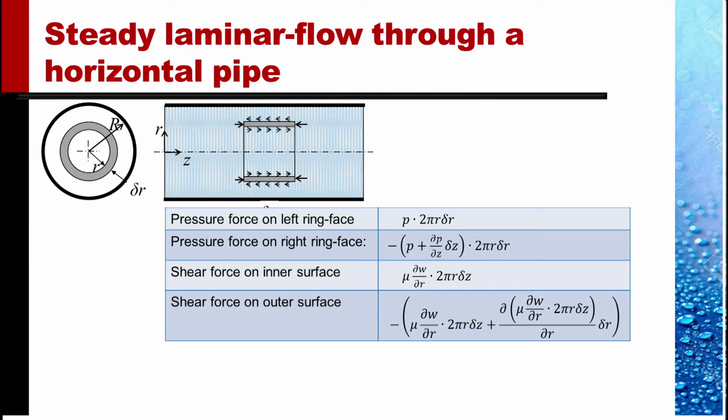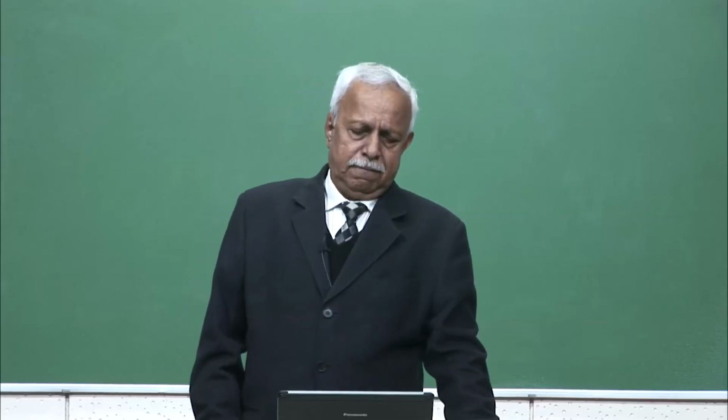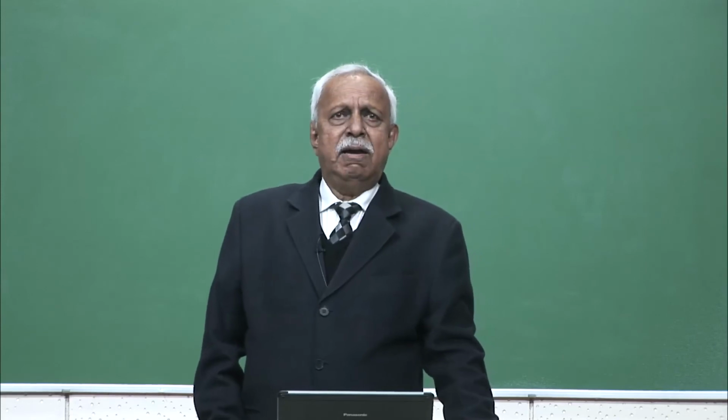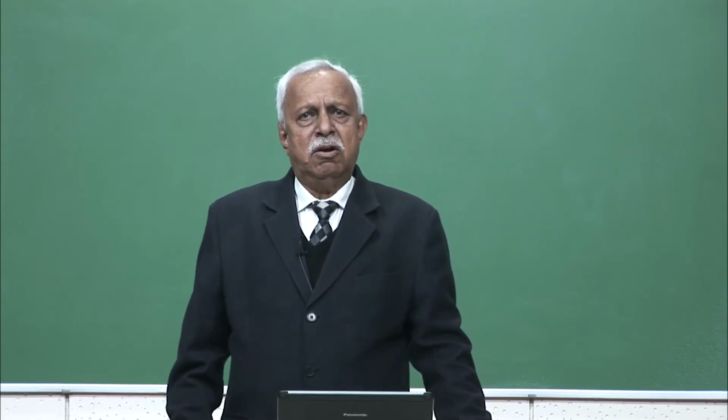Shear force on the inner surface is mu delta W by delta R multiplied by the area of this, and the area is 2 pi r delta Z: the circumference 2 pi r and the length delta Z. Shear force on the outer surface is obtained by Taylor's expansion of this alone.